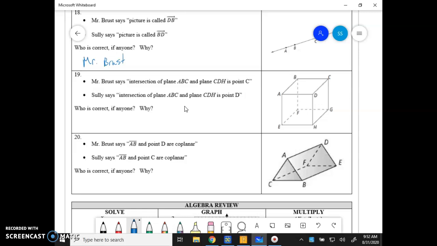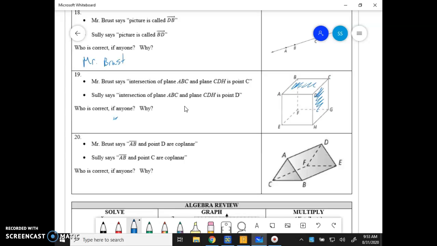19, who's right? Mr. Sullivan says the intersection of ABC, that's the top plane here, and CDH, that's this one here, is point C, and Sully says no, the intersection of those 2 planes is point D. Who is correct? This is a trick question. Neither. They're both wrong.